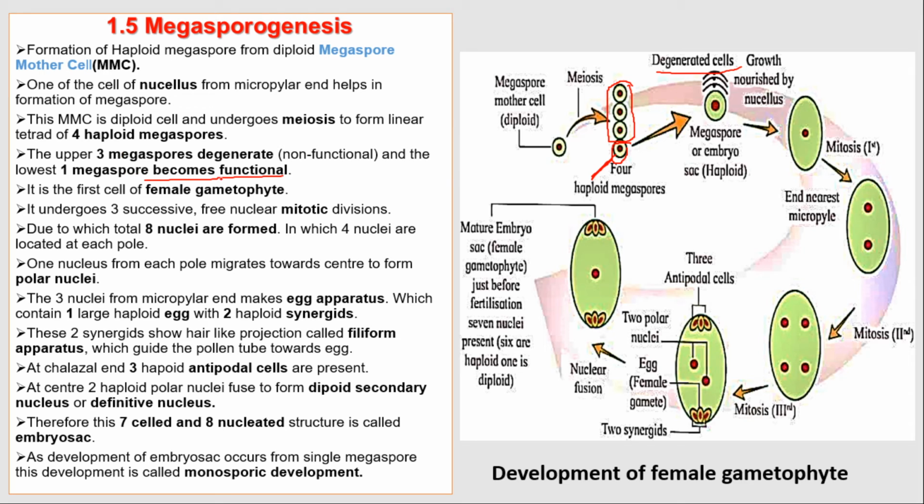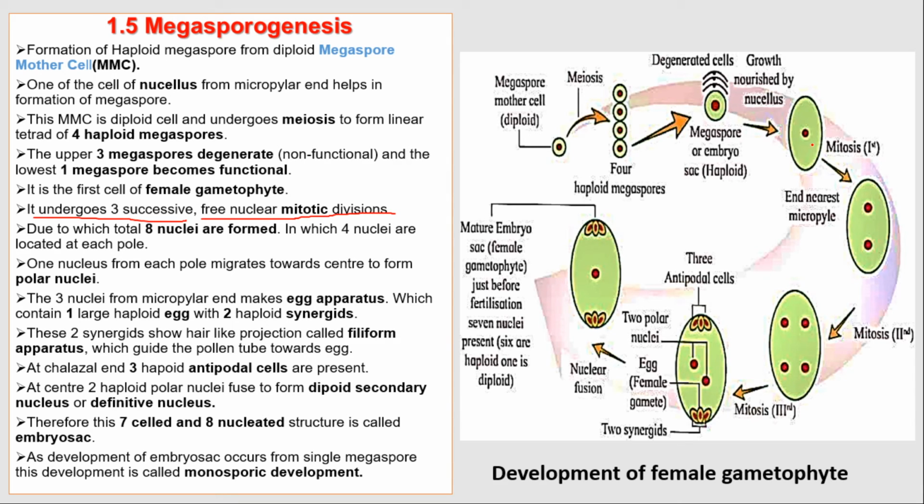Therefore, this functional megaspore is the first cell of the female gametophyte. Now what happens to this? This functional megaspore undergoes 3 successive free nuclear mitotic divisions.